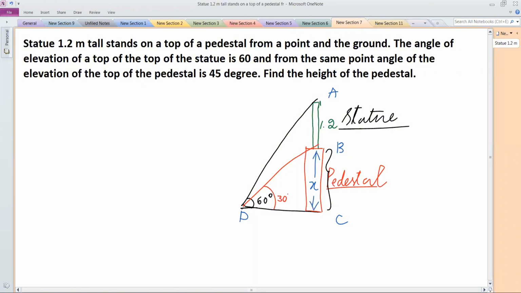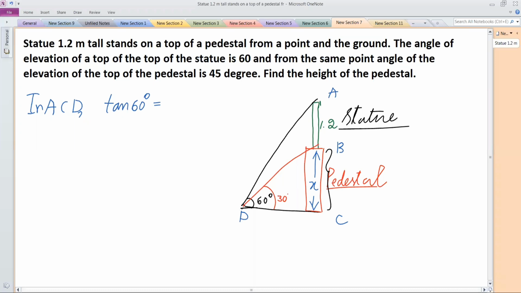Fine. Now, in triangle ACD, we shall go. If you go with the triangle ACD, you need to find this. In ACD, the angle will be 60 degree. That means we need to find tan 60, right?